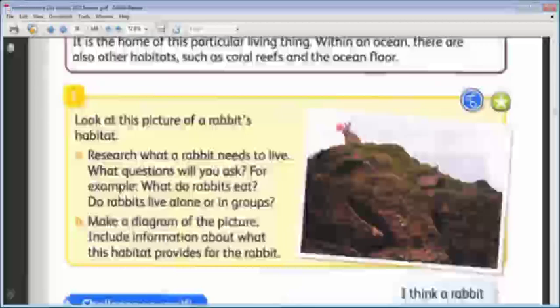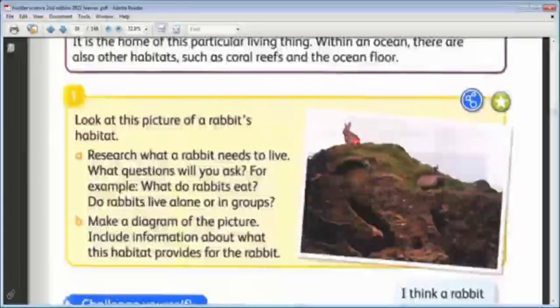Here we will take this rabbit as an example of a living thing and its habitat. Here is the habitat of the rabbit. This habitat makes food available for the rabbit. The rabbit eats this grass and it gives it shelter. Here is the burrow where the rabbit can live. So this part is called the habitat for the rabbit. Look at this picture of the rabbit's habitat.